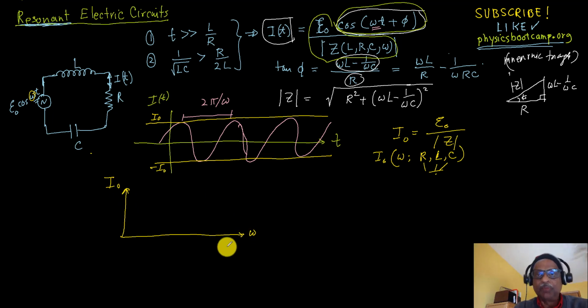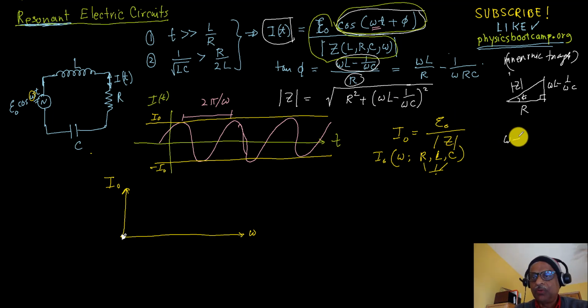So when omega is 0, this is 0, and you can see this goes to infinity. So 1 over infinity, so Z goes to infinity, so current is 0. Say omega is infinity, then this guy dominates, and so Z goes to infinity.